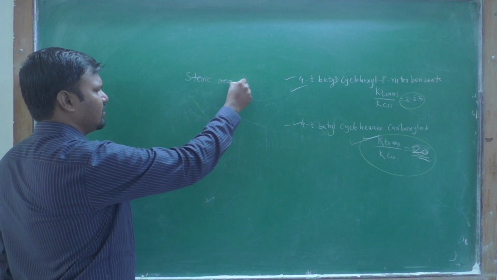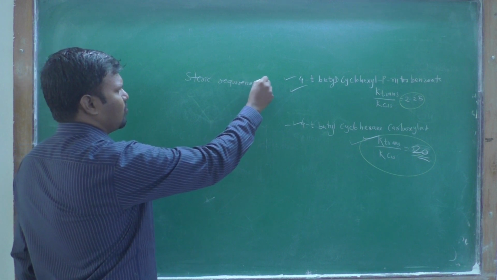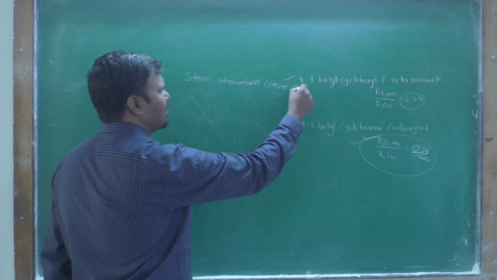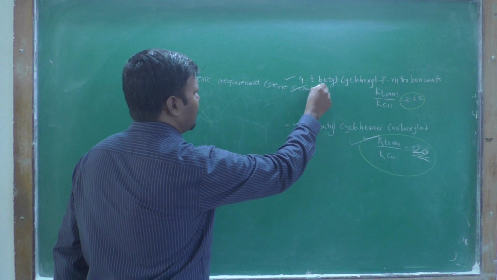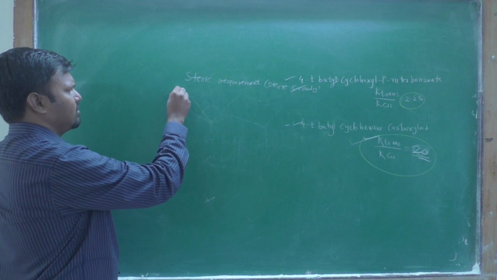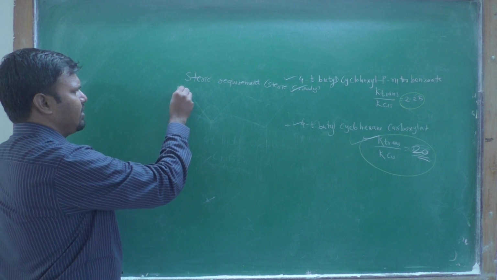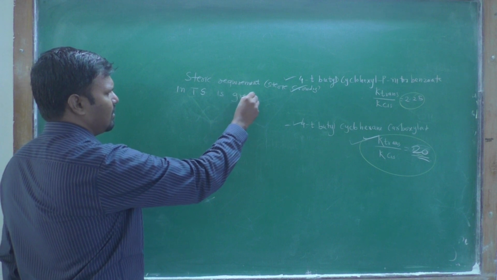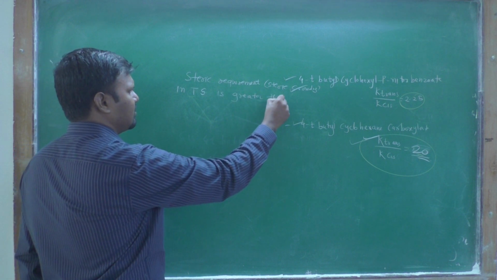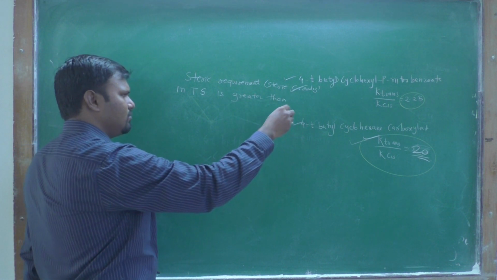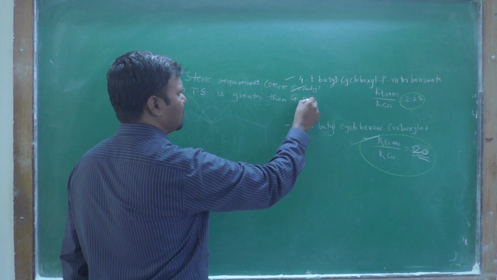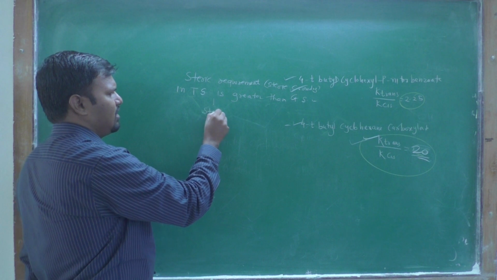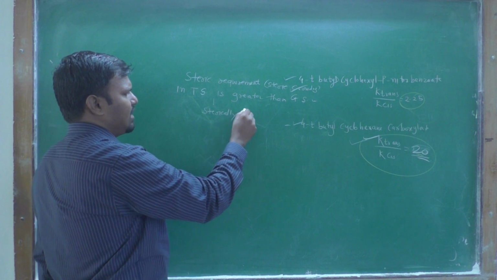Remember that in a sterically hindered reaction, we said steric requirements. Steric requirement means steric crowding. If steric requirements in a TS, that is transition state, are greater than in the ground state, then this reaction is a sterically hindered reaction.